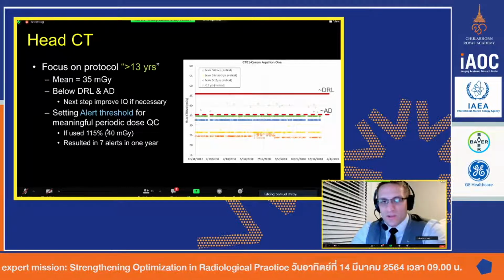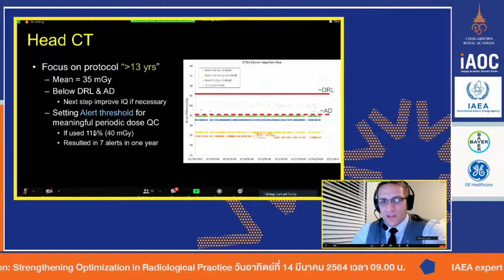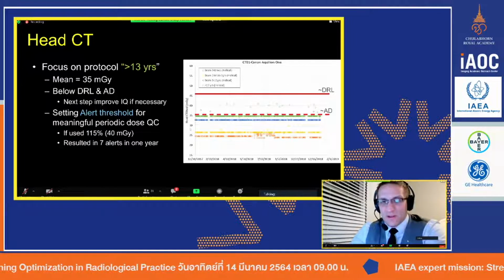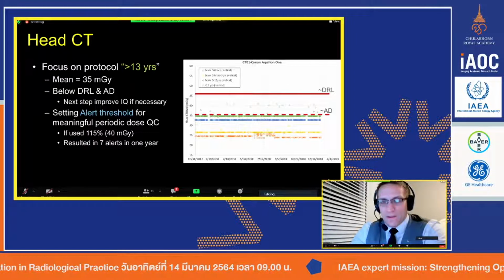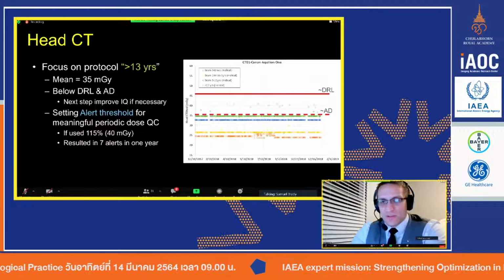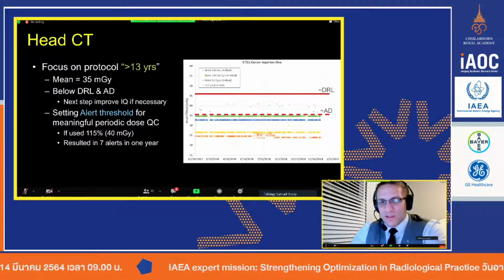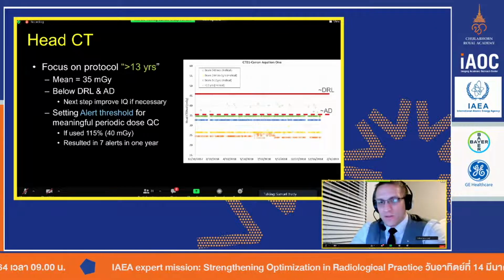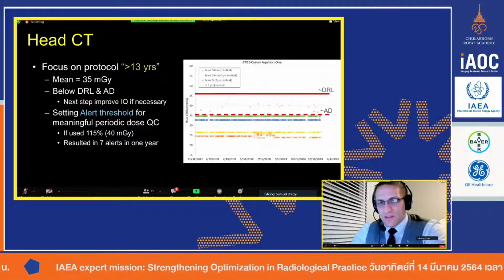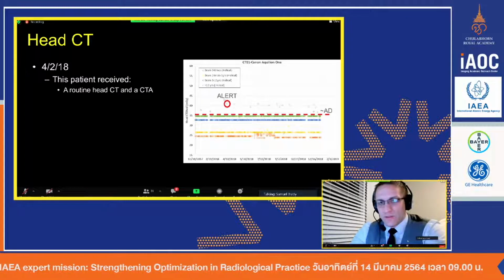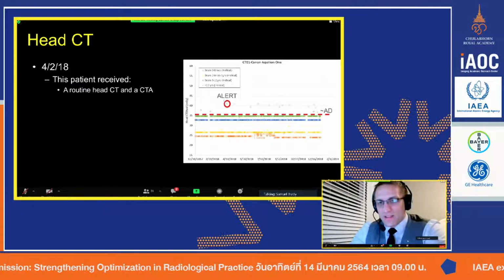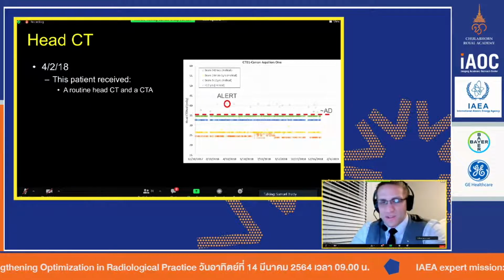What we ended up doing is we set it at 115% of the value of this national achievable dose value, and that was basically 40 milligray. So our alert level is basically at this 40 milligray level, and over 2 years, that accounted for only 7 alerts.